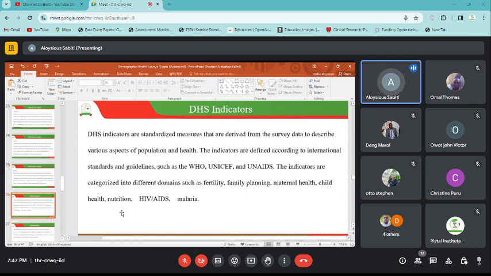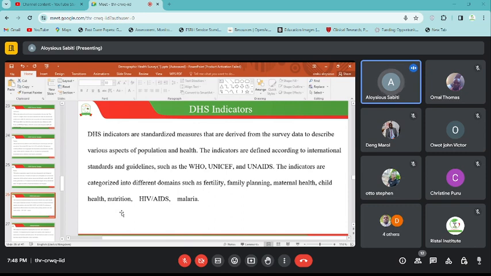The DHS indicators are standardized measures that are derived from the survey data to describe various aspects of population health. These are indicators that are defined according to the international standards by the WHO, by UNICEF and UNAIDS. The indicators are categorized into different domains.